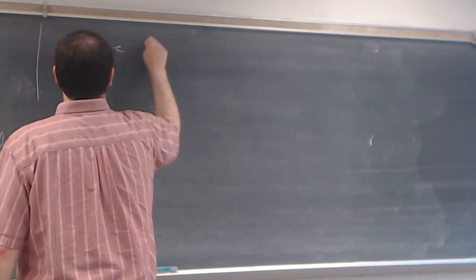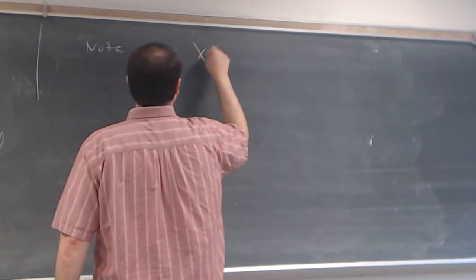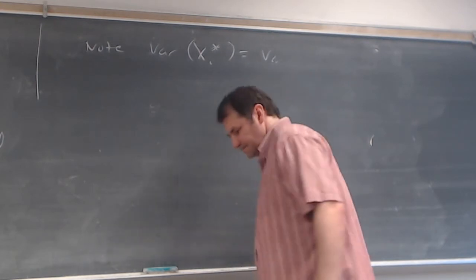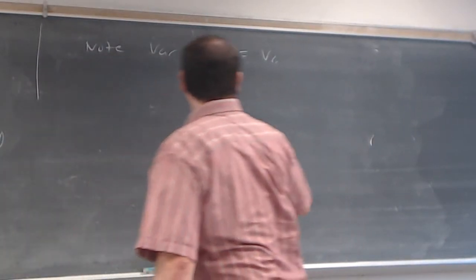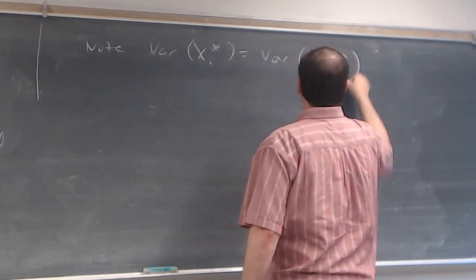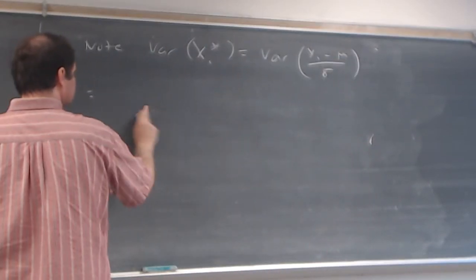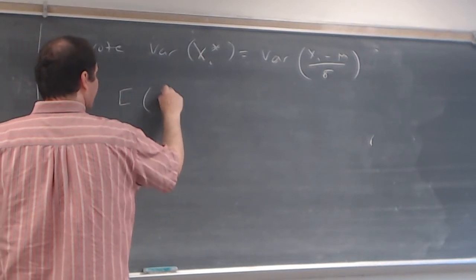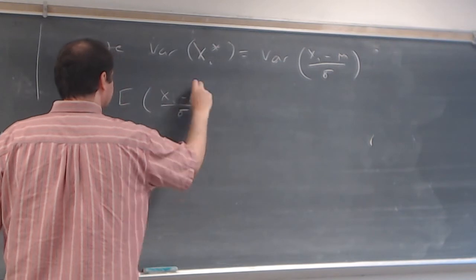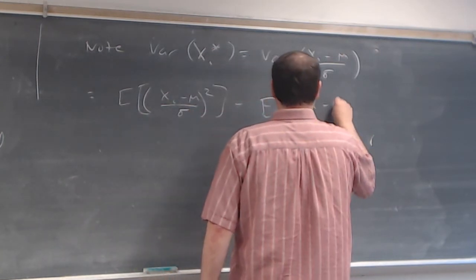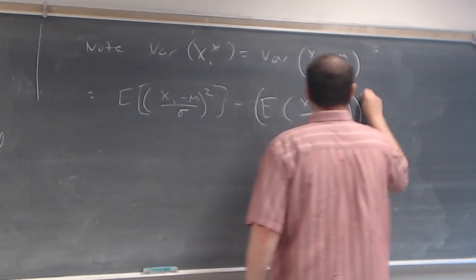Okay, and also notice that the variance of x sub i star is going to be equal to the variance of x sub i minus mu over sigma, and what that's equal to is the expected value of x sub i minus mu over sigma, squared, by our formula, minus the expected value of x sub i minus mu over sigma, that quantity squared.